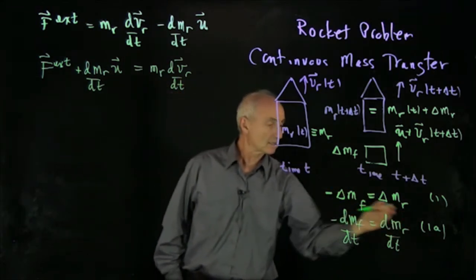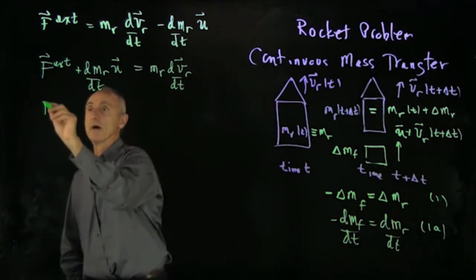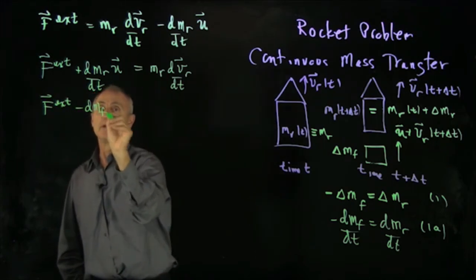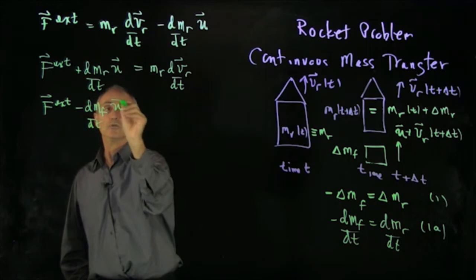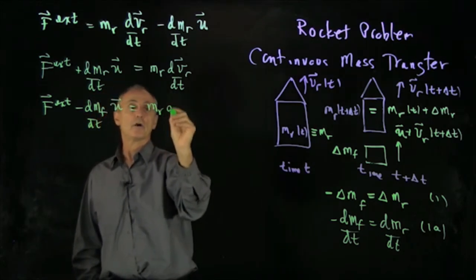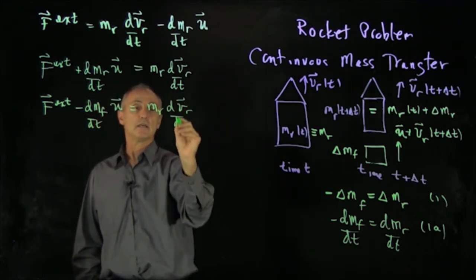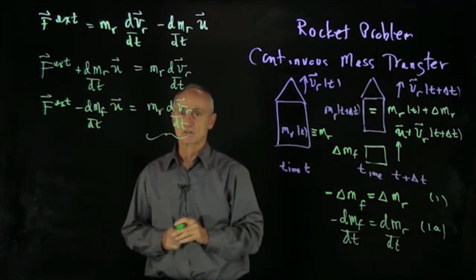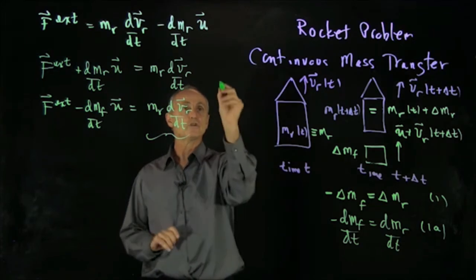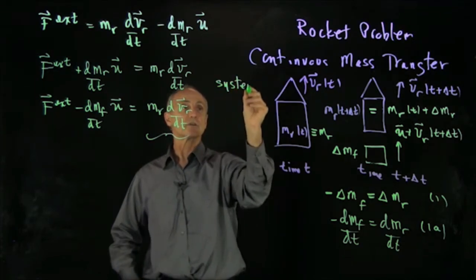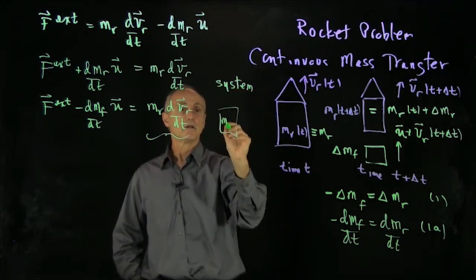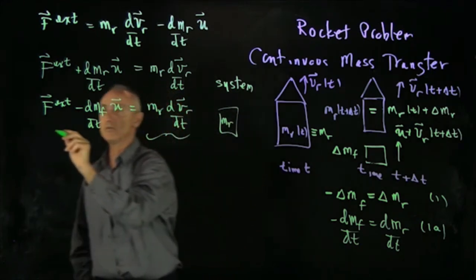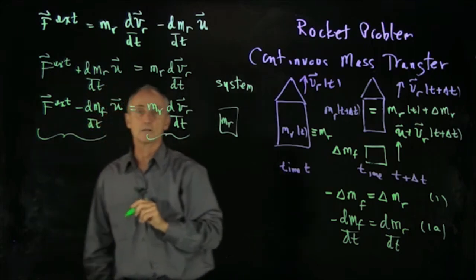Now, separately, let's make this substitution again and go back to our fuel term. So that's minus dm_f/dt u equals m_r dv_r/dt. Now, notice that over here we have mass times the acceleration of the rocket. So if we just rethought our system as simply the rocket, m_r, then we have two forces acting on the rocket.